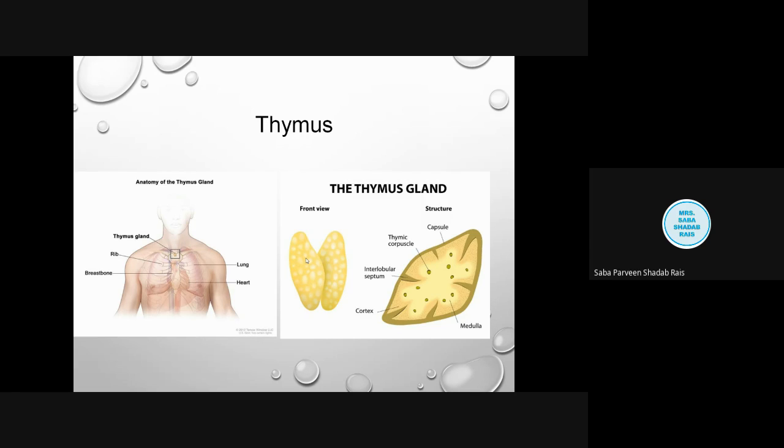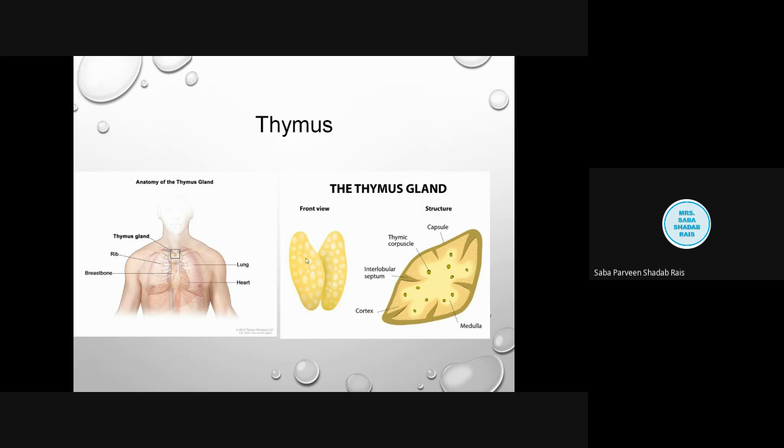If you observe the weight of this gland, it varies as per the age. In infants during childhood it is very small, and it gradually increases in size, and till puberty it reaches approximately 20 to 30 grams in weight, and after puberty it starts shrinking.